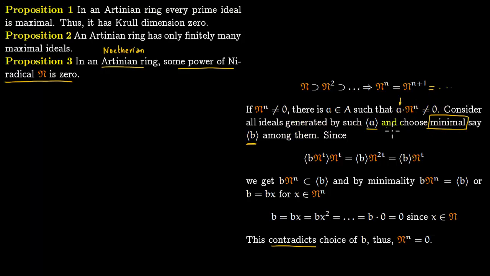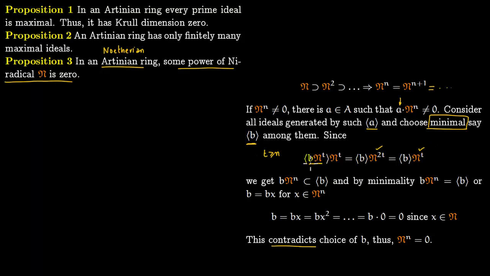So out of all these ideals, we choose the ideal which is minimal. Now for t greater than or equal to n, after it stabilizes, B N^t times N^t is B N^(2t), which is again B N^t, because it has stabilized.